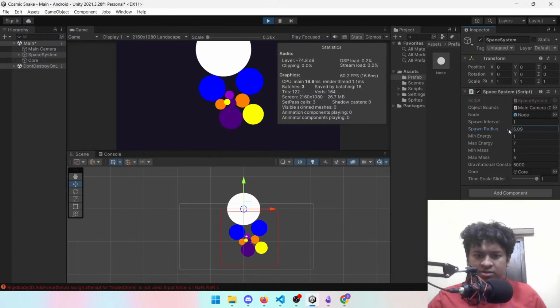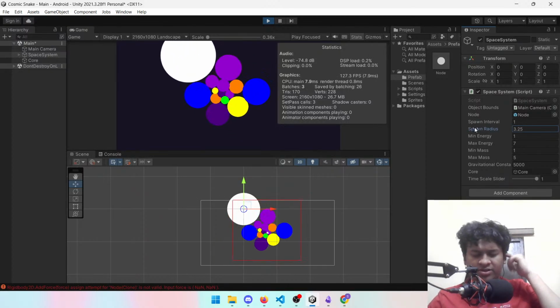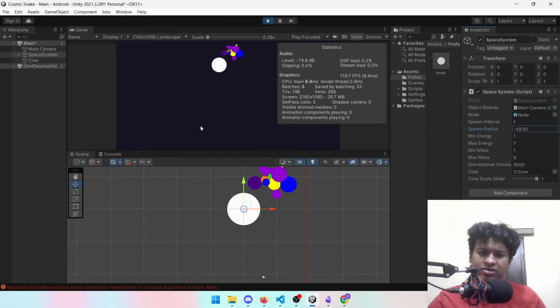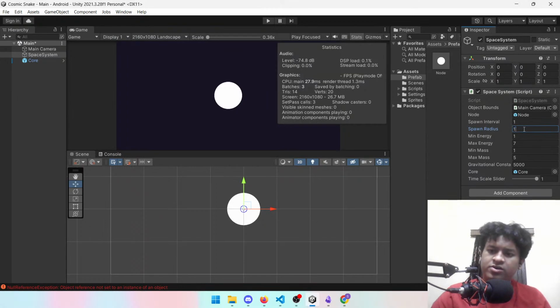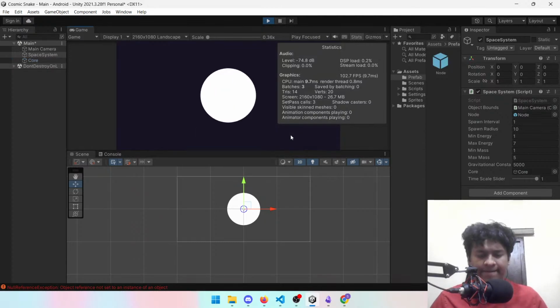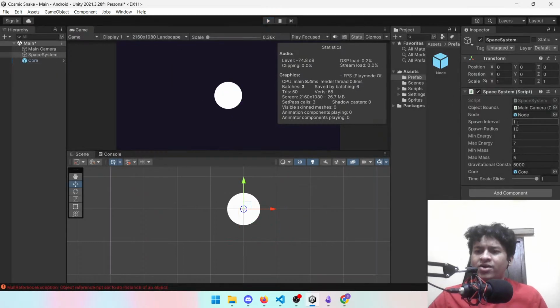Okay, let's mess with that. It's not changing. Not changing at all. Make this 10 right now. Didn't change. How is that not affecting anything?